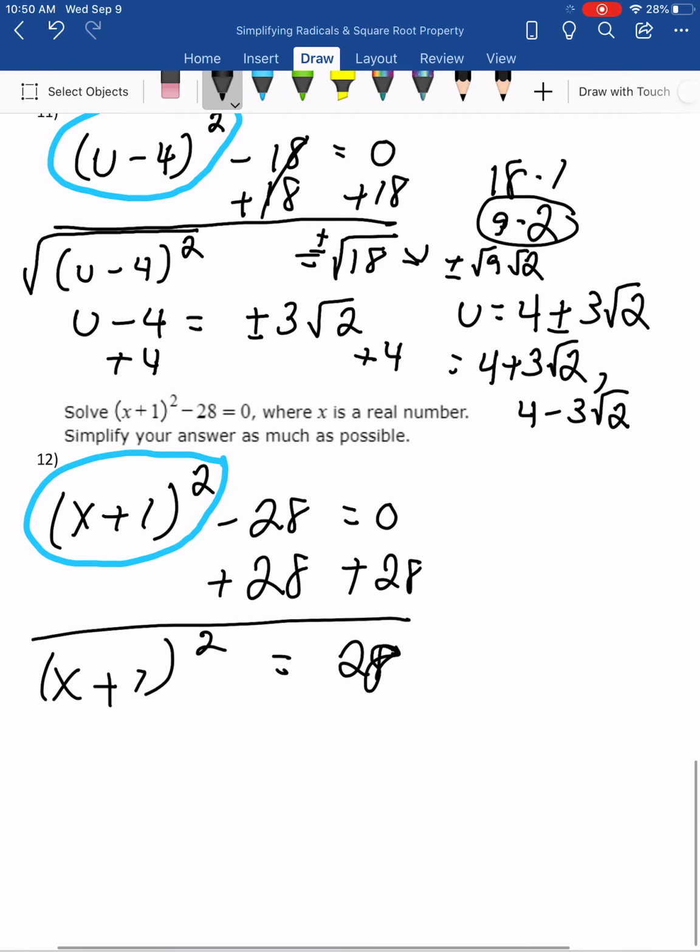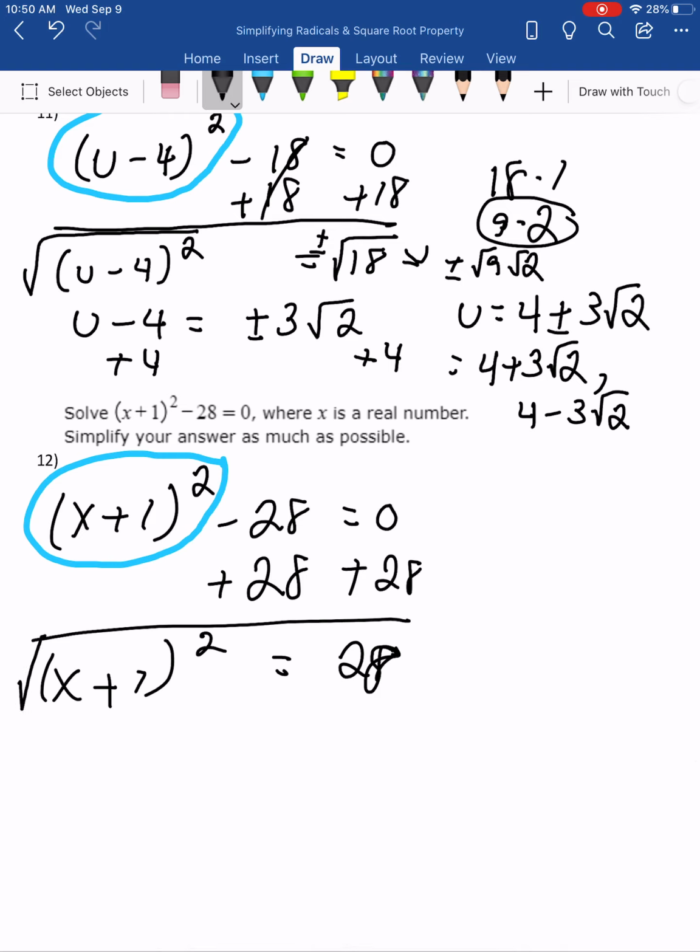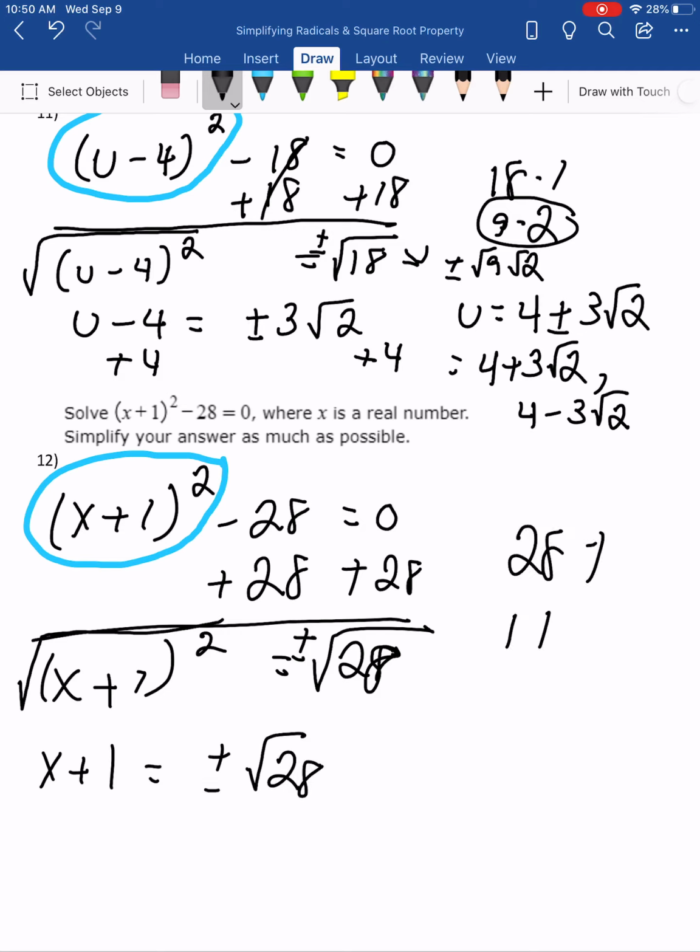Okay, and now we can take the square root of both sides to undo that squaring. So x plus 1 equals plus minus square root 28. So 28, 1, 14, 2, no perfect squares. 7 and 4, yeah, we got a perfect square there, the 4.